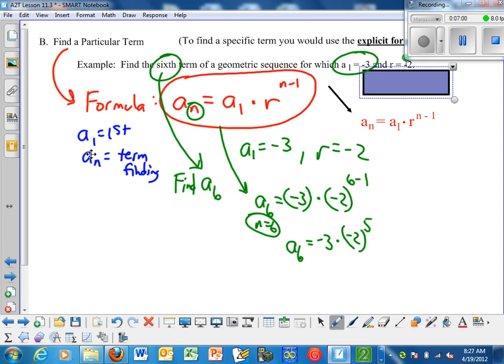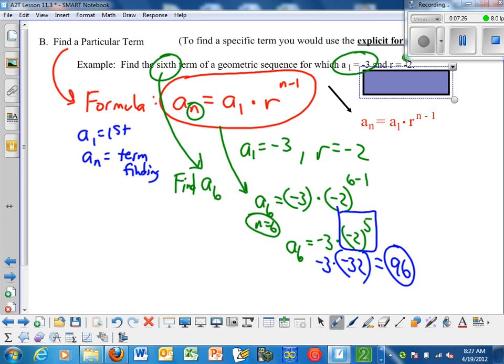Now you've got to think about order of operations here. I don't multiply first, I have to do the exponent first. So negative 2 to the 5th power, negative 2 times negative 2 times negative 2 times negative 2, 5 times together, is negative 32. So I'm really multiplying negative 3 times negative 32, which tells me my sixth term is 96.